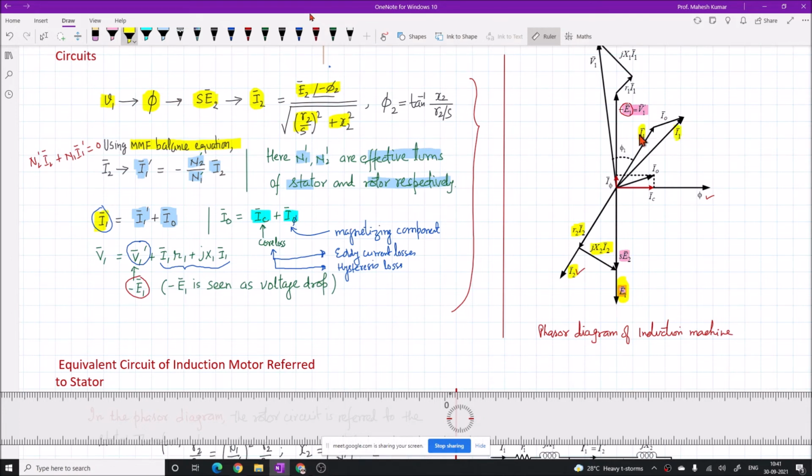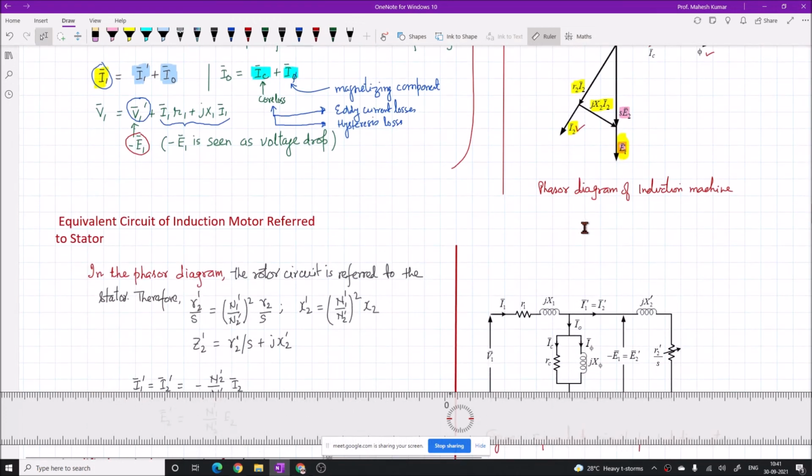So this is I1 dash, and I1 dash has come from the I2 by minus N2 by N1 dash into I2. So I1 dash plus I0 here becomes I1, and this I1 into R1 plus jX1 into I1 added to V1 dash becomes the V1. So these relationships can also be seen from the phasor diagram.